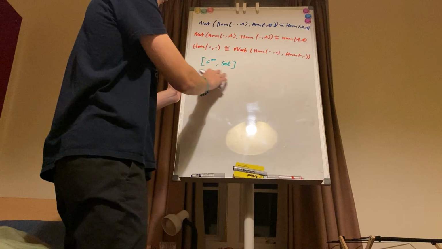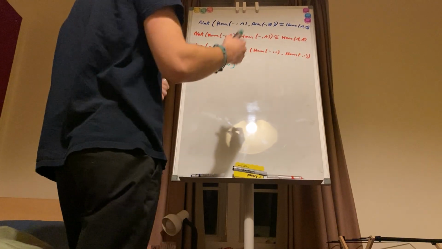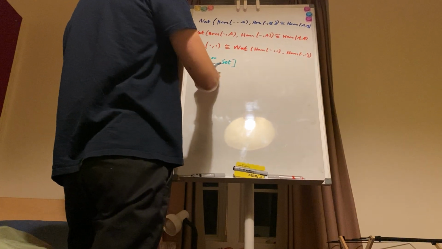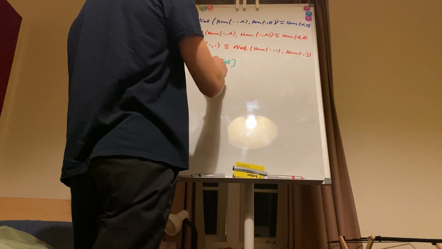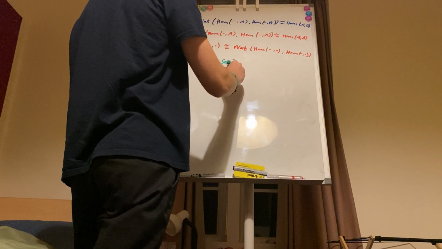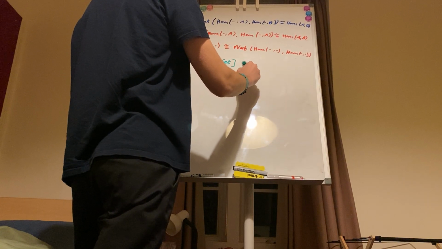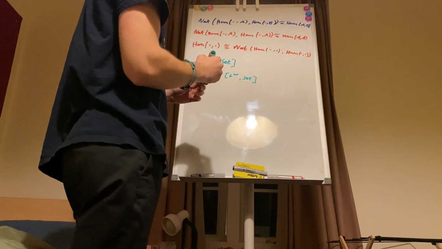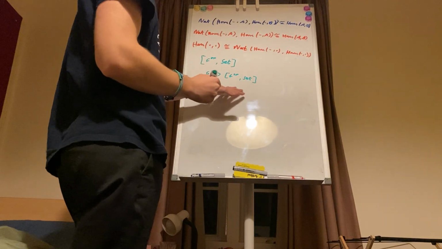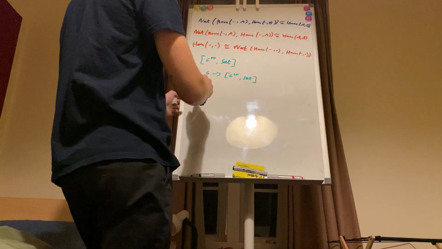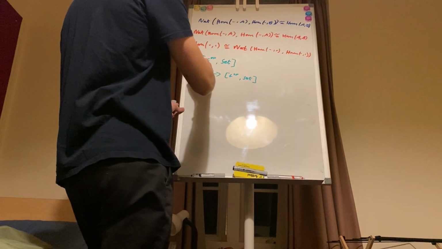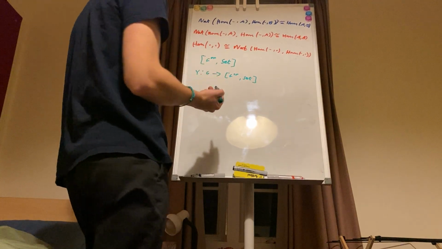G into this set. And how does it do that? Well, we have a map from G into our set. And what does it do? Well, it will take the singular object, we'll call this one Y for Yoneda embedding.